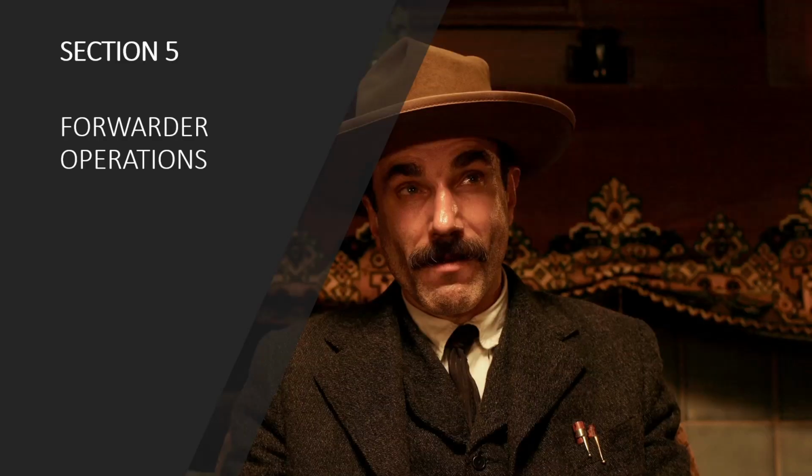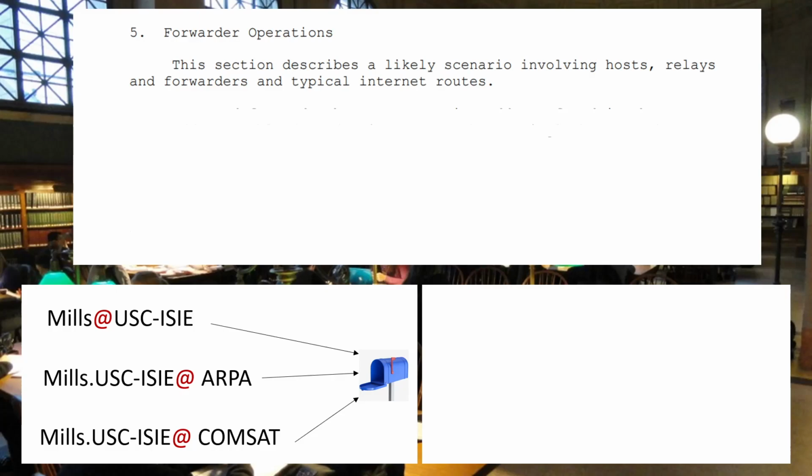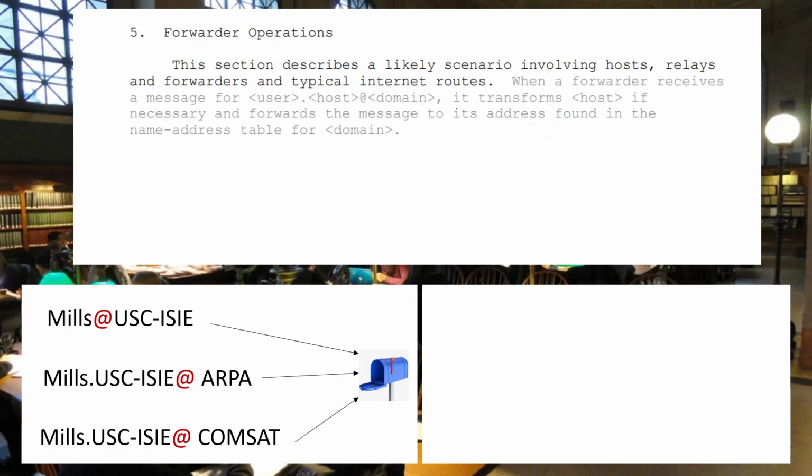Section 5, forwarder operations. We're focusing on the forwarder now. Which fields does the forwarder have to look at in that command? This section describes a likely scenario involving hosts, relays and forwarders, and typical internet routes.